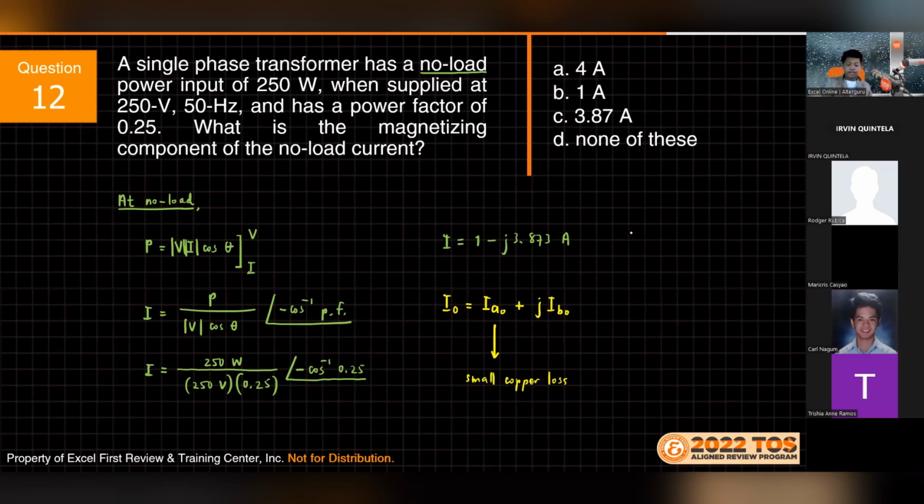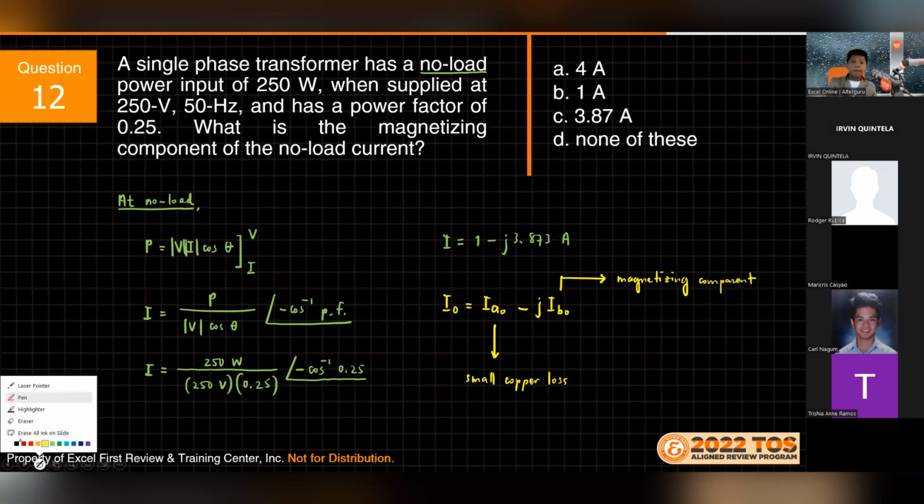Sagot nyo is 1 ampere. Okay? And tandaan natin, minus to lagi kasi laging ang current. The I_B0 is what we call the magnetizing component. Okay po?